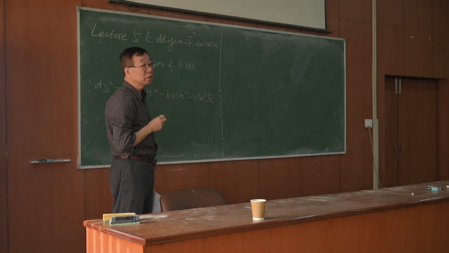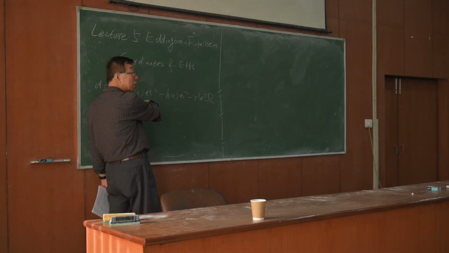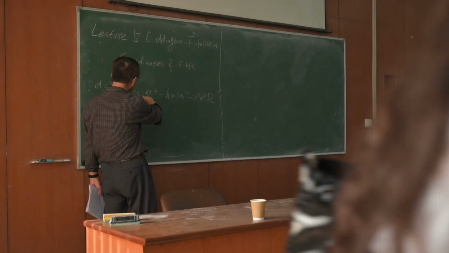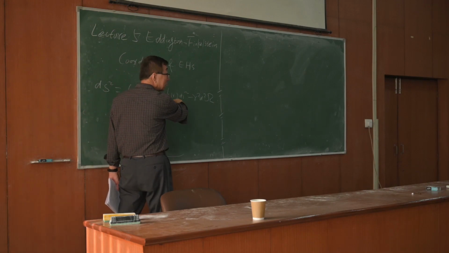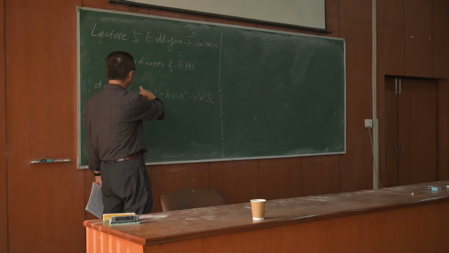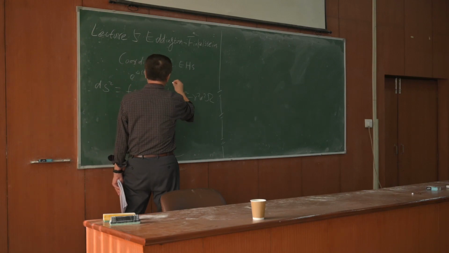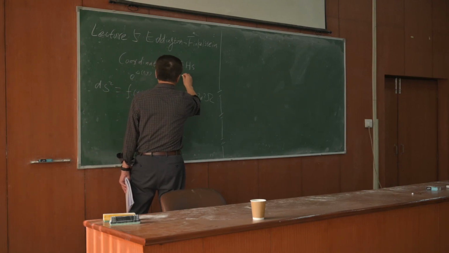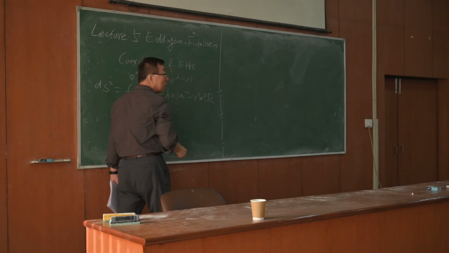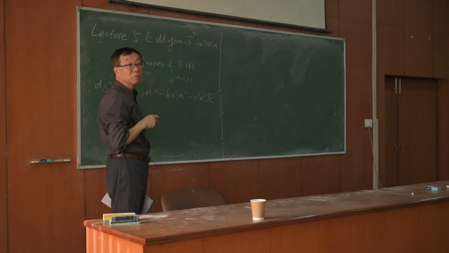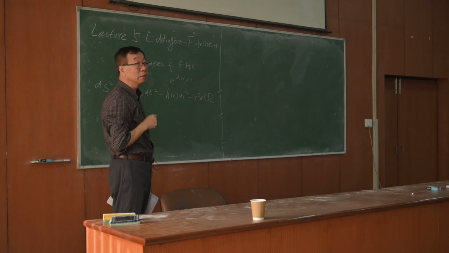This is the most general rigorous metric. If it's time dependent, you put r as r, t, and then we use e to the 2 nu(t, r) and e to the 2 lambda(t, r). When it's the static case, you just drop the time dependence. It's the same, we just use different notation, right?